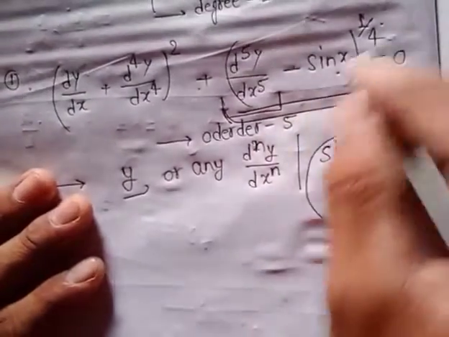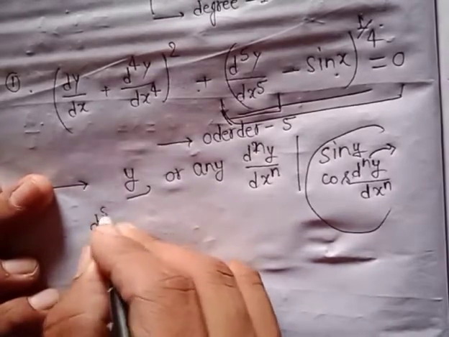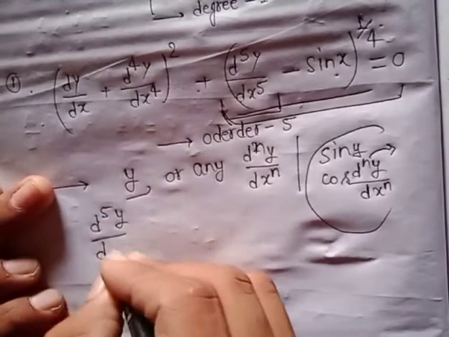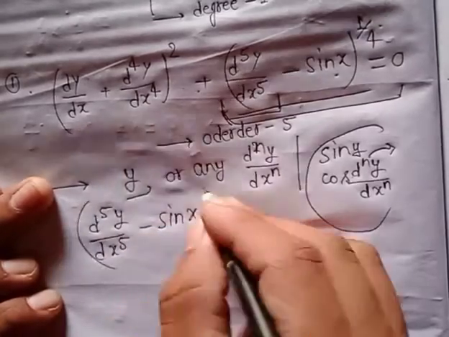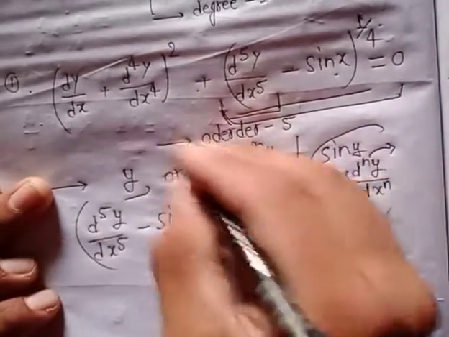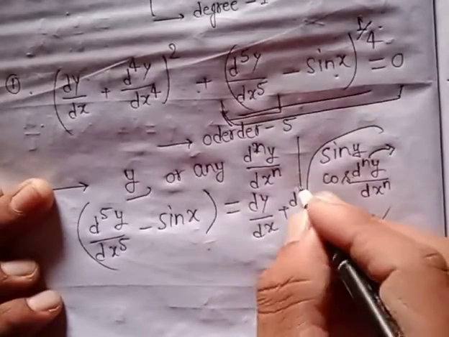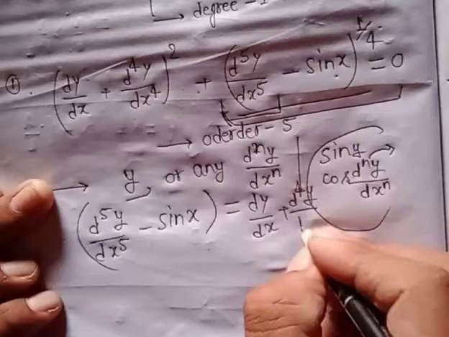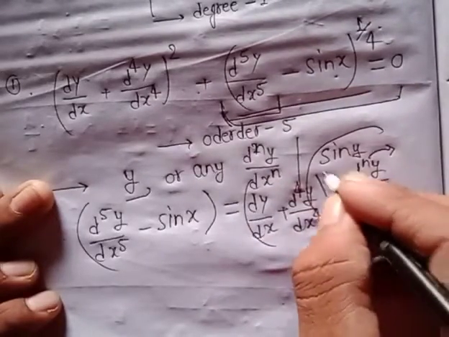Then we get d5y upon dx5 minus sin x is equal to (dy by dx plus d4y upon dx4) to the whole power 4.